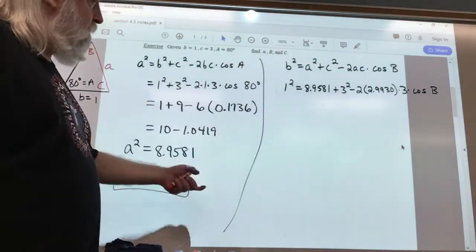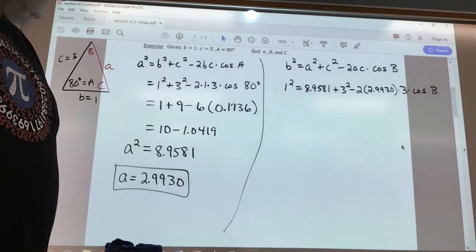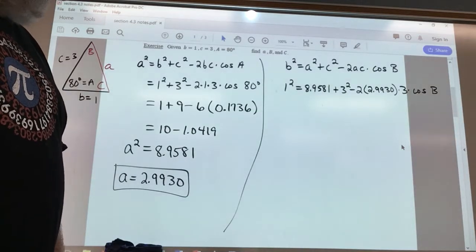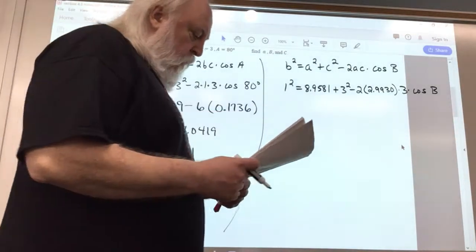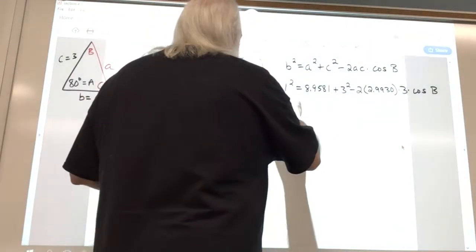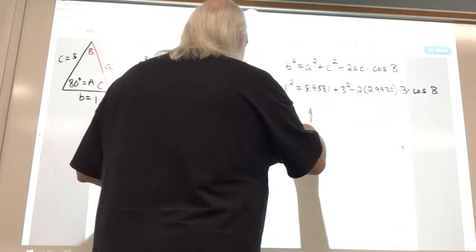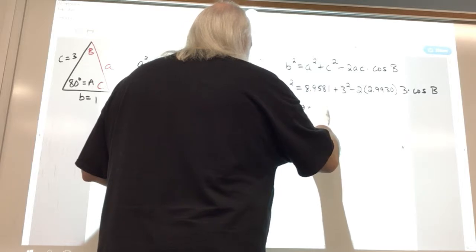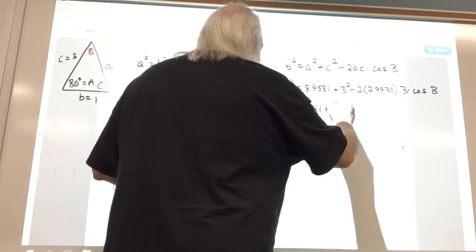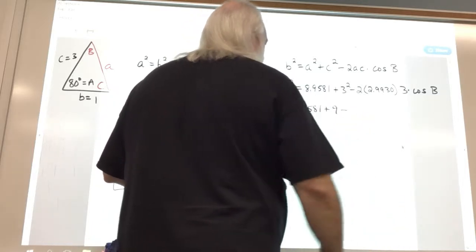And now again, we have to follow order of operations in solving for cosine B. 1 squared on the left is equal to 1. 3 squared is 9.